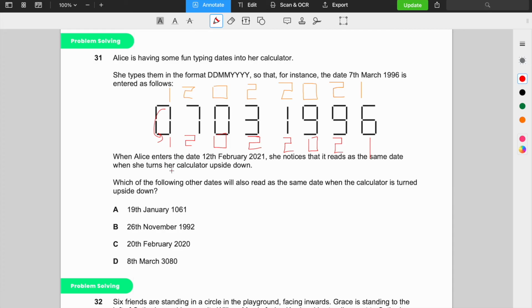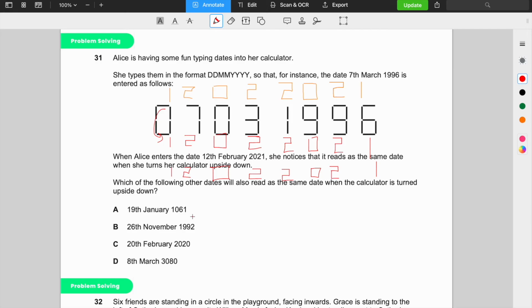So there are 2 processes for working out what a date will look like when you turn the calculator upside down. Alternatively, this is probably very long-winded. I'm just going to finish this. As you can see, it's going to look identical. I think you should just write out the date and then turn the piece of paper upside down, okay?